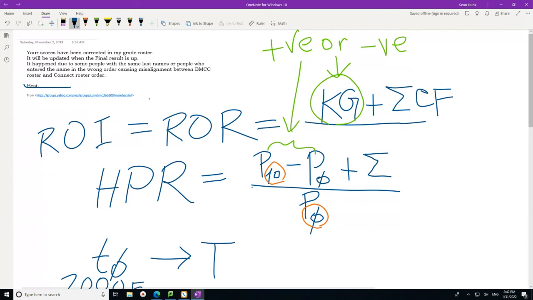So instead of writing dividends, think about it.